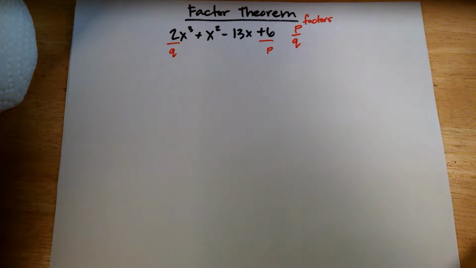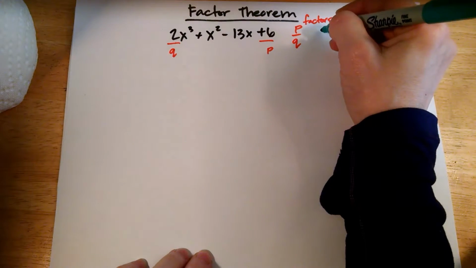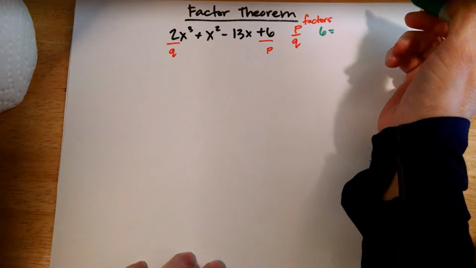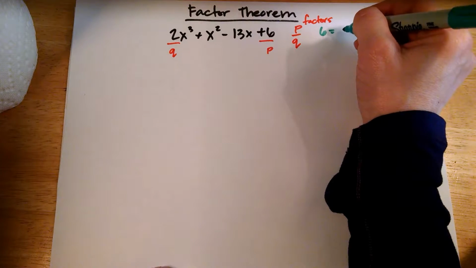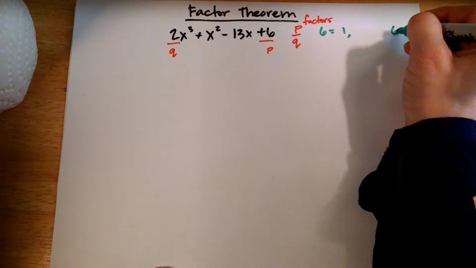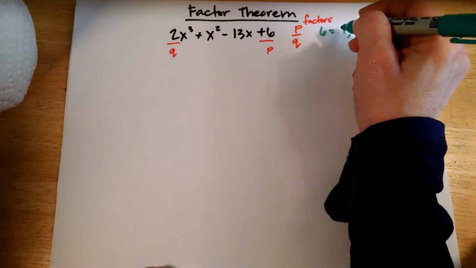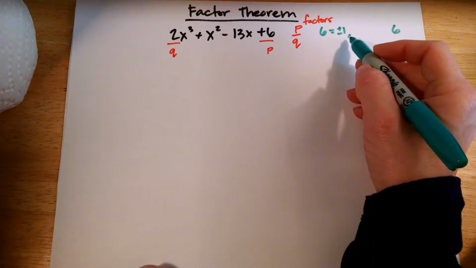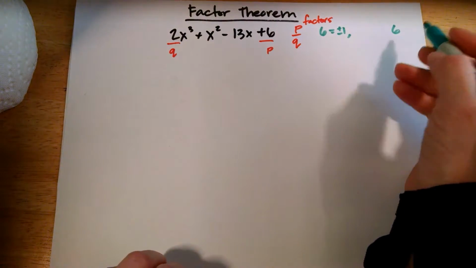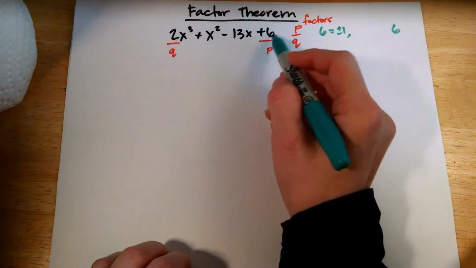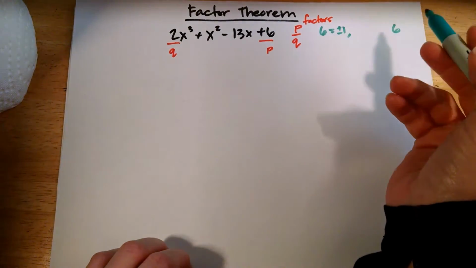Now let's go ahead and outline our factors of our last term and factors of our first term. So 6. Factors of 6. So we could have 1 times 6. We could have plus or minus. So we'd have -1 times -6. That makes 6. Now here the sign doesn't really matter because we're just looking for factors of that number.